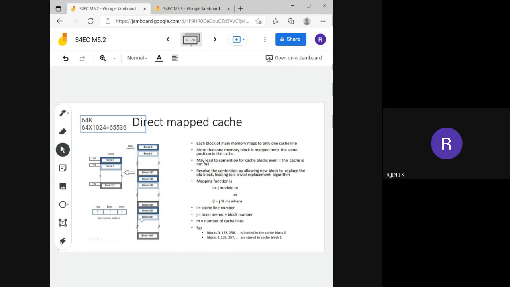We can accommodate this many words in this main memory.